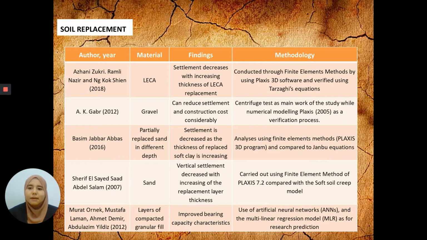Next, Basim Jabar Abbas, 2016. Sharif El Shahid Saad, 2007. And Murad Ornat, Mustafa Laman, Ahmed Demir, Abdul Lazim Gilzid, 2012. Based on these 5 authors, they use different materials for their replacement. Some use leka, sand, granular fill, and common aggregate.